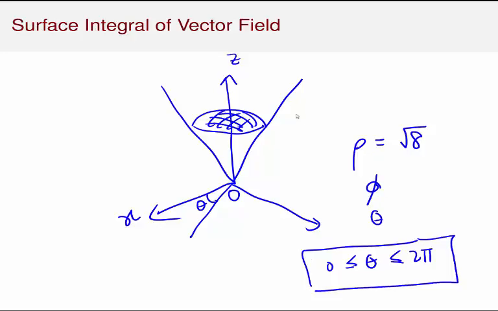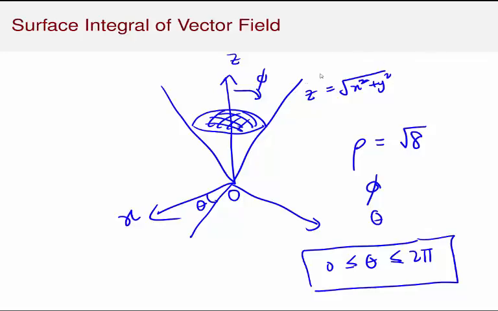On the other hand, the parameter phi measures the angle made by the ray coming out from the origin with the positive z-axis. Well, from the figure, it seems that we need to take all the angles for phi starting from 0, since we need to cover the point on the z-axis, all the way until we reach this cone whose equation is z equals square root of x squared plus y squared.